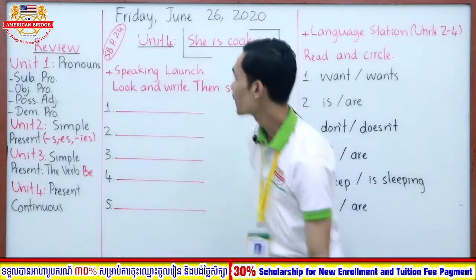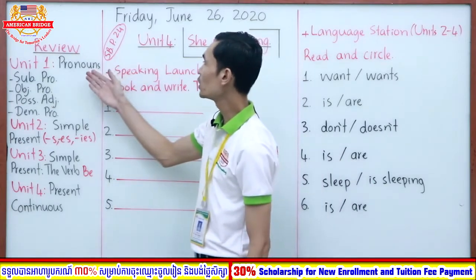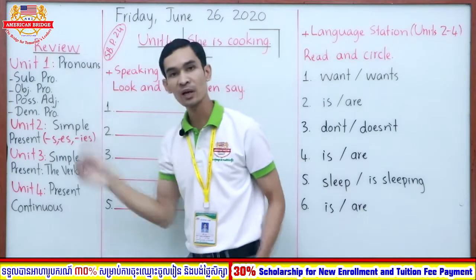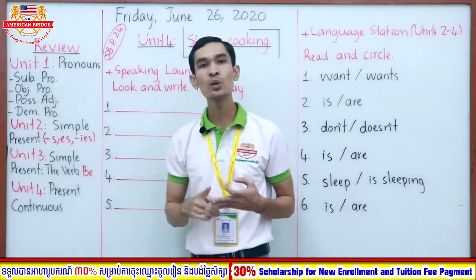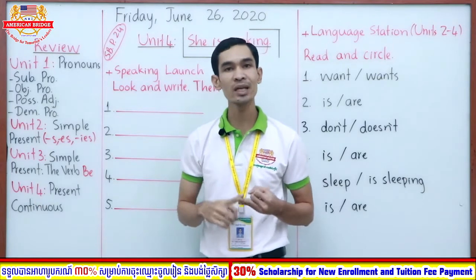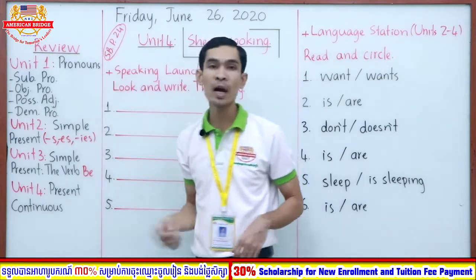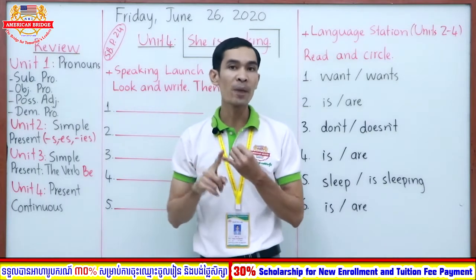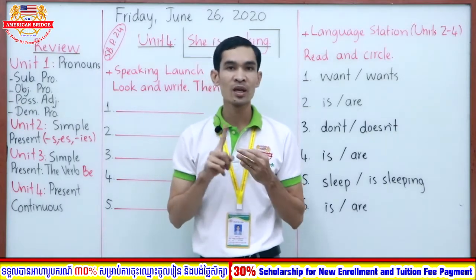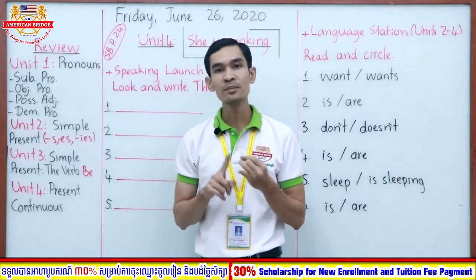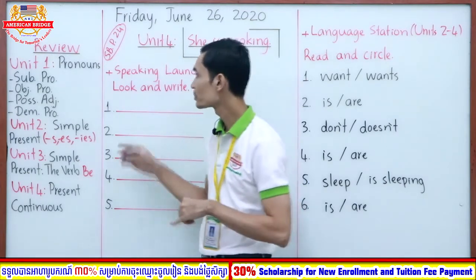Okay, so here, Unit 1, we focus on pronouns, right? We have subject pronouns like I, we, you, they, he, she, it, right? All we call subject pronouns. And we also have object pronouns like me, us, him, her, it, them, and you, right? Good.